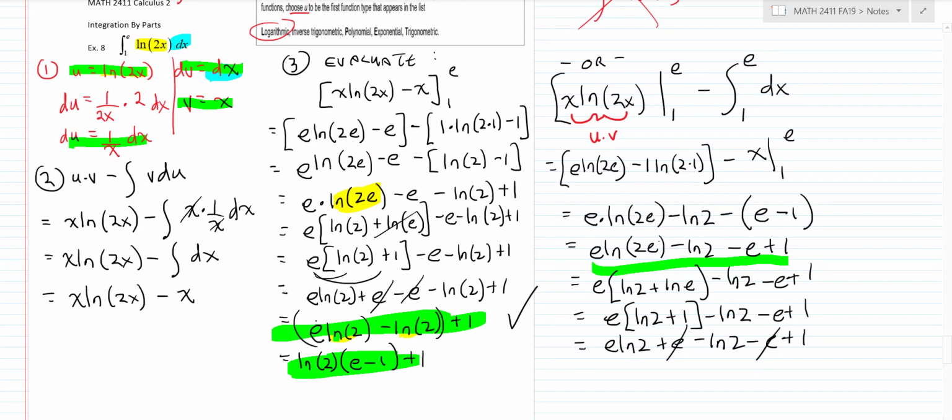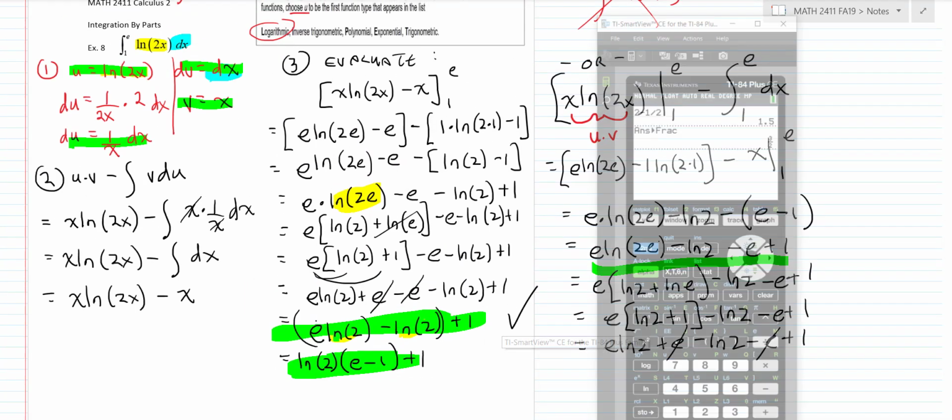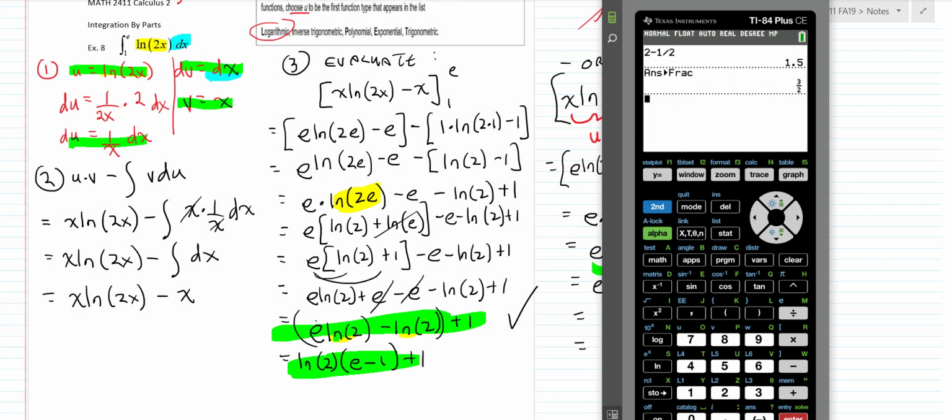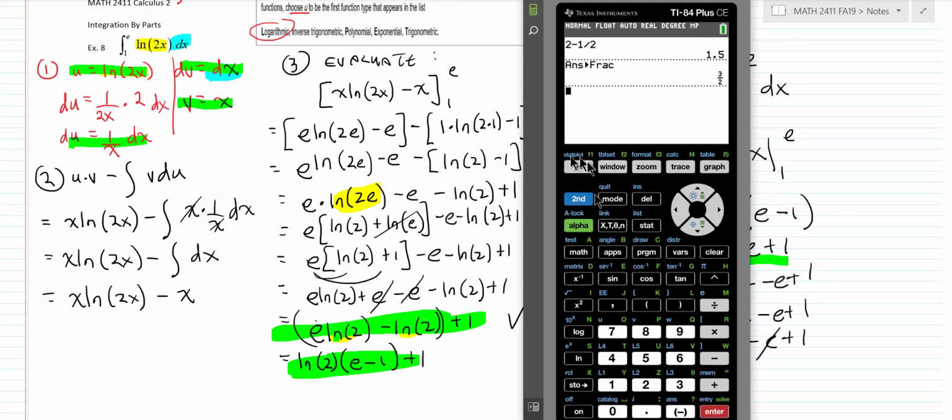I guess the other thing I wanted to do on this is just, since it's a definite integral, we might as well just check the answer and see if we've done this right. So let's go ahead and just do that real quick, just as a quick reminder. So you just graph the ln of 2x, which is what we integrated.